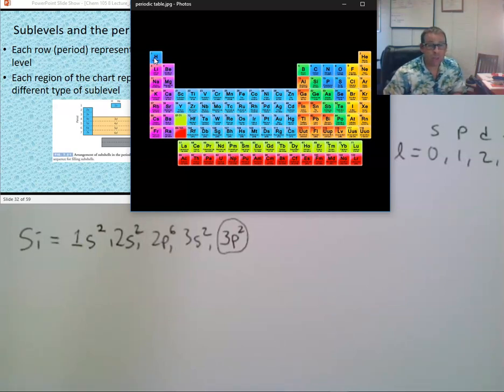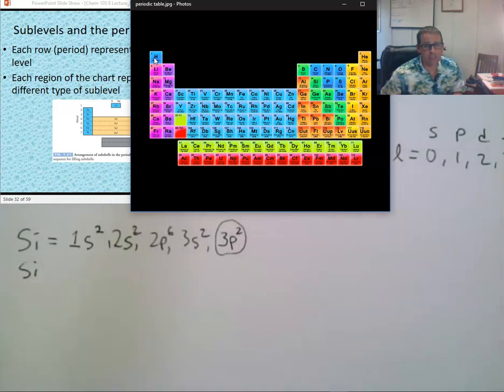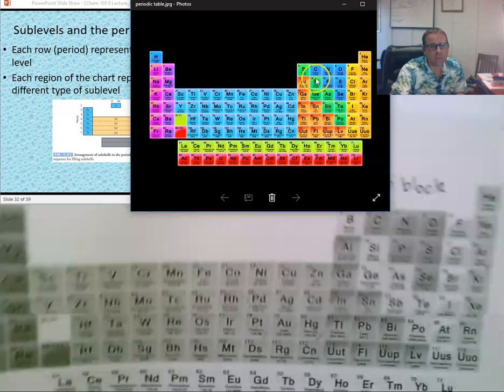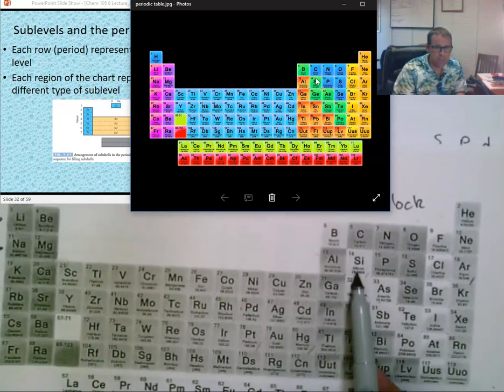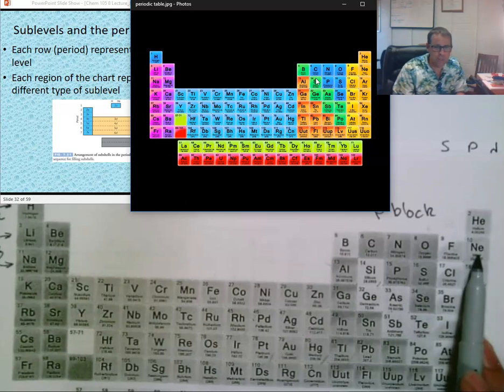Now, let me show you really quick how we write the abbreviated electron configuration for silicon. What we do is we find our location for our element, silicon, right? Find our location here. And we go back to the first noble gas, which is neon.